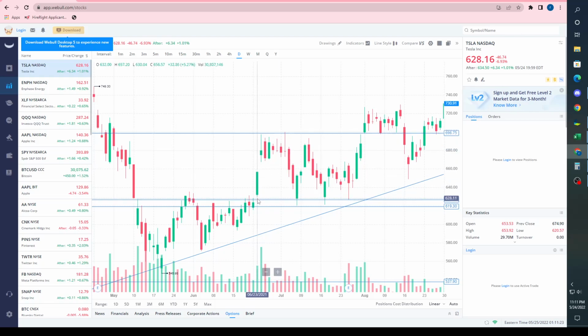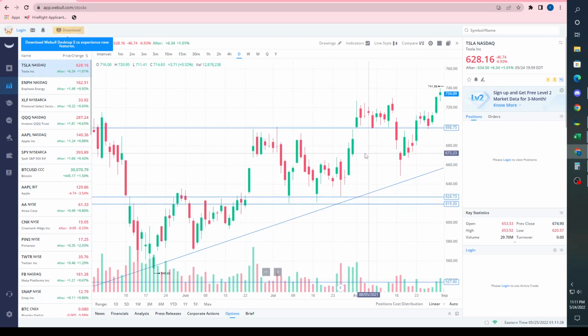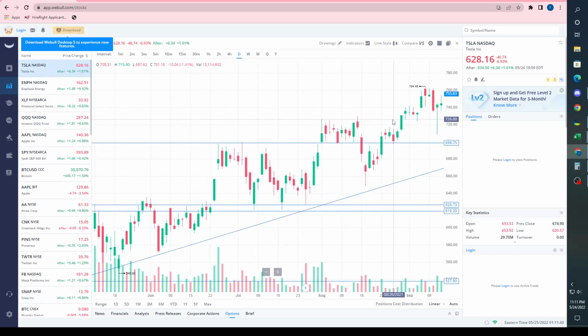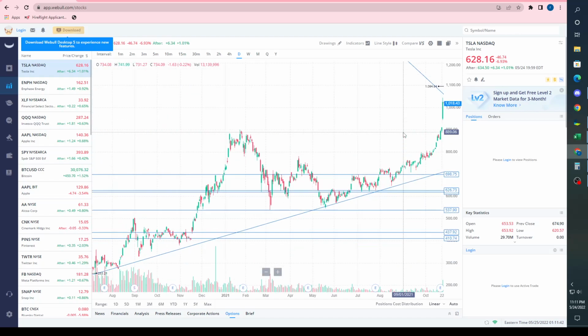We almost went like $70 in a matter of a few days. And then you can see we faded right back to these levels, and we keep hitting resistance right here around 700. Once we officially broke past that, we went to all-time highs, as you can see.